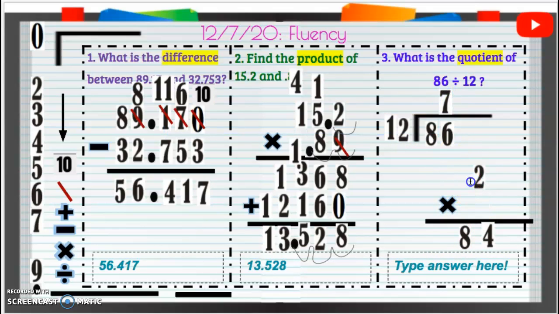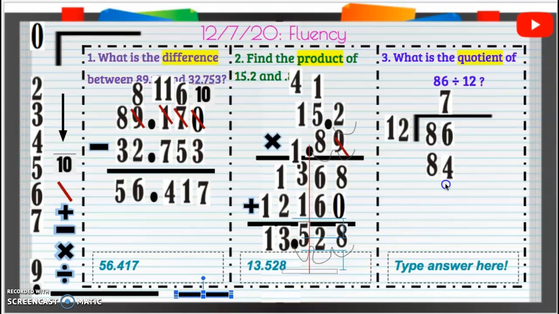So what I'm going to do here is subtract 84 from 86. So now I have 6 minus 4, which is going to be 2. 8 minus 8 is 0.